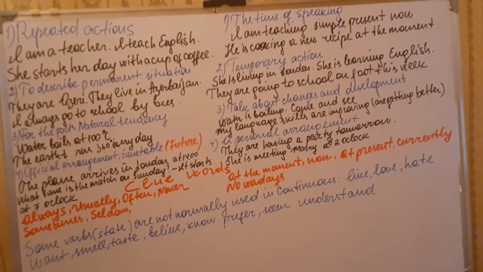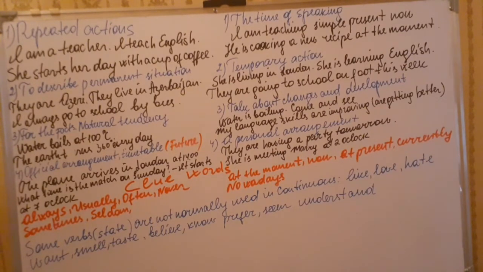Or the verbs related to perception, like understand, believe, want, know, prefer, or, as I mentioned before, the verbs that refer to feelings, like love, hate, or opinion about thoughts, taste, smell, or imagine, we never use them in the present progressive tense forms. We only use them in the present simple tense form.